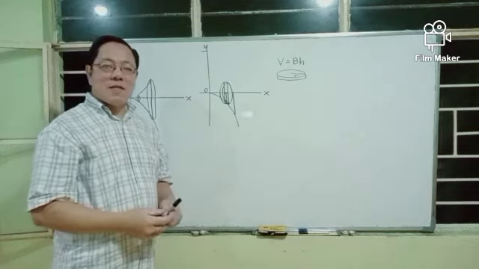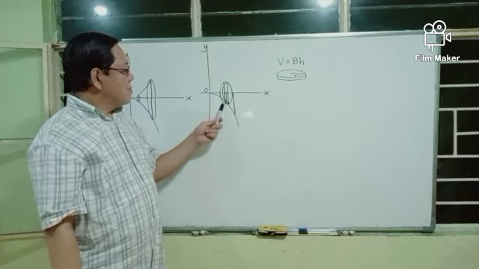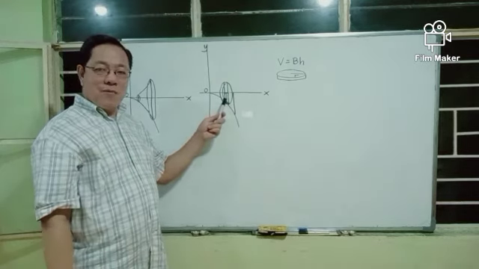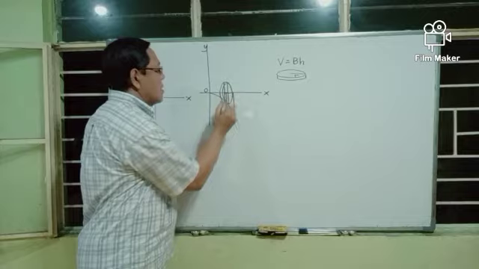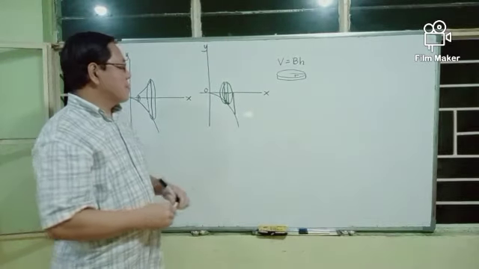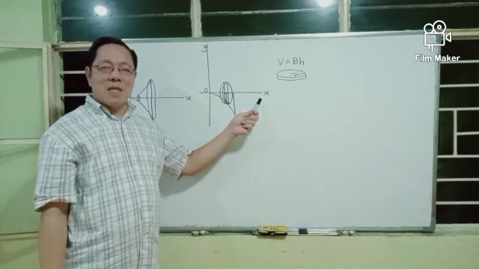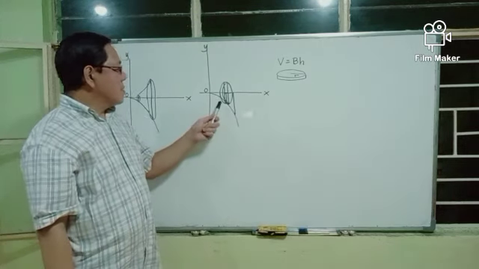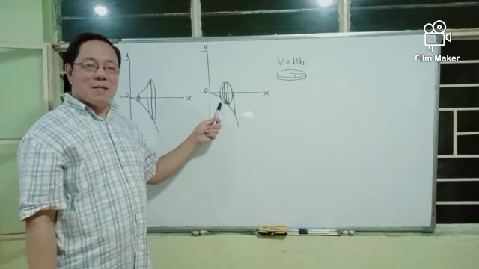And this is the disc that will be generated if you revolve this rectangular element of the area about the axis of revolution, in this example, the x-axis. And we will find the volume of this disc.